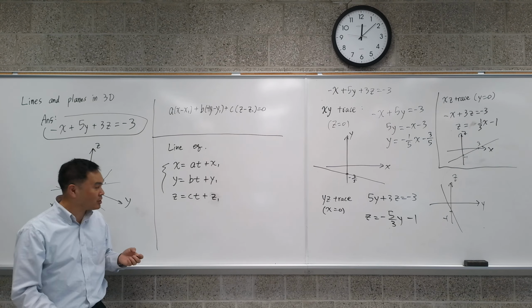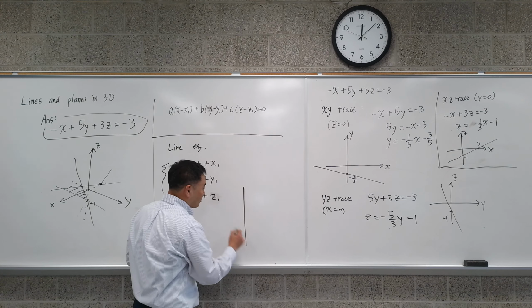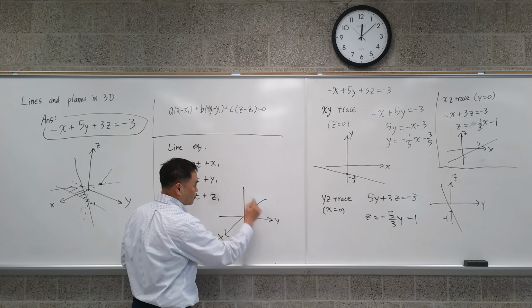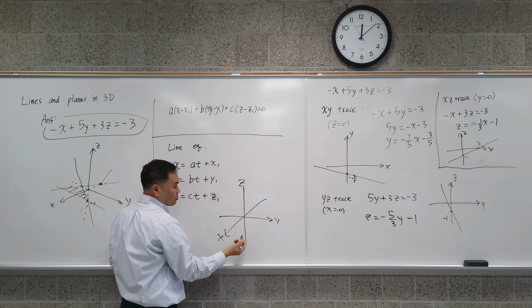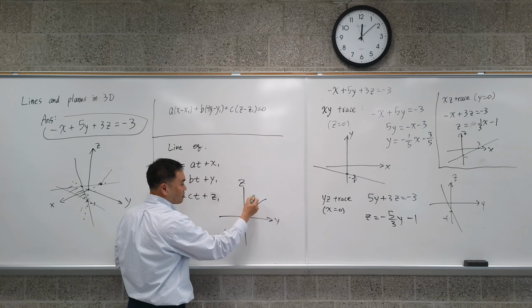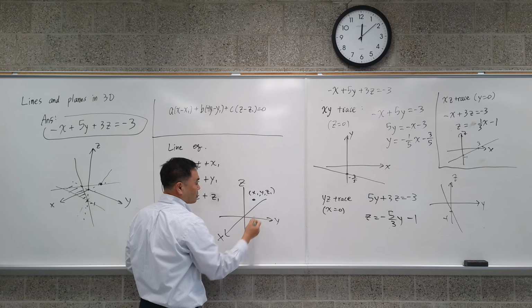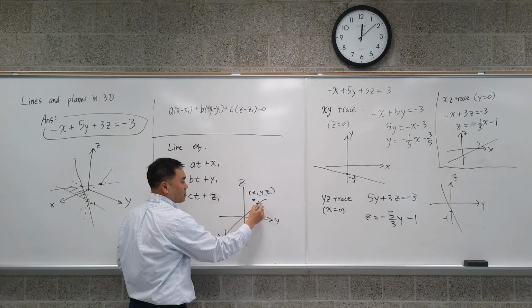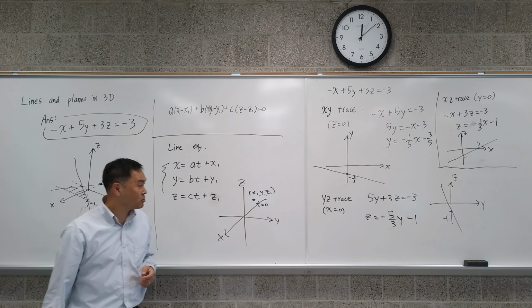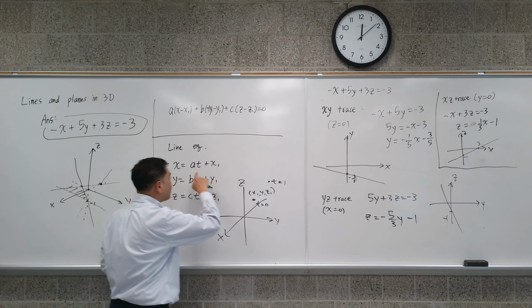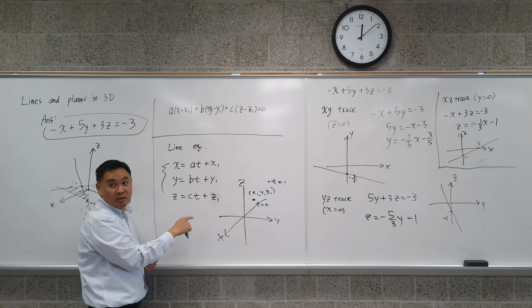So imagine like this. At time t equals 0, let's say you have some point x1, y1, z1. That's where the particle is at time t equals 0. And then at time t equals 1, if you plug in 1, the value changes, right?